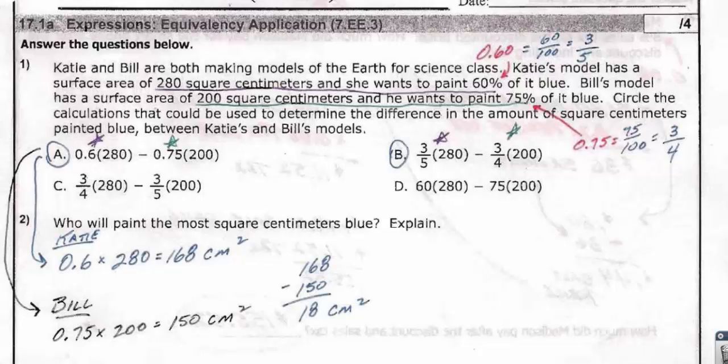So we can see that the information is given to us initially in percentage form. So we have this statement right here. Katie has a model that's 280 square centimeters, and she's going to make 60% of it blue. We're going to take that 60%, we're going to change it to a decimal. We've talked a lot about changing percents to decimals.